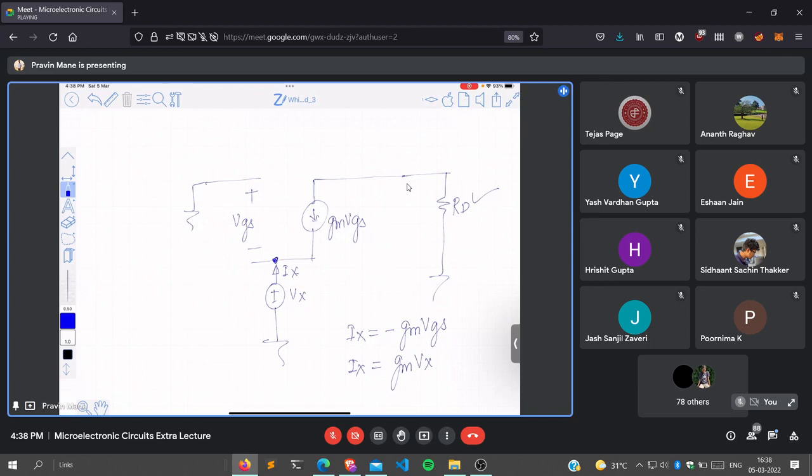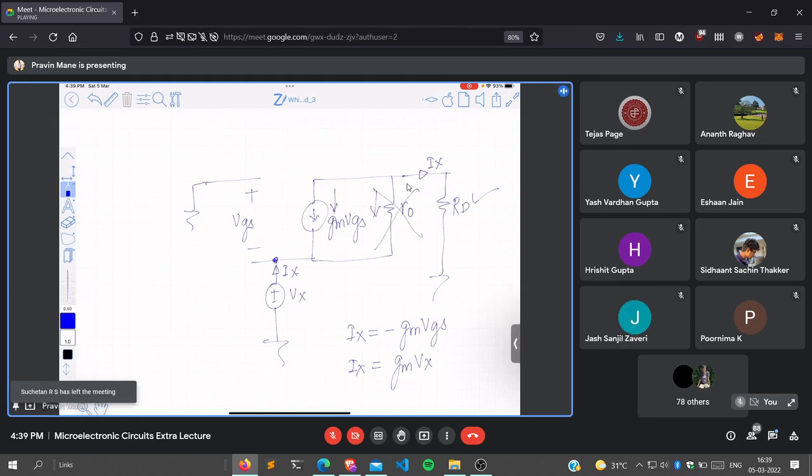Is RD coming into the equation? No, sir. When RO is absent, it is one situation; if I connect RO, there is an altogether different situation. Now in this case, current Ix will flow through this, and Ix is simply the addition of this plus this.